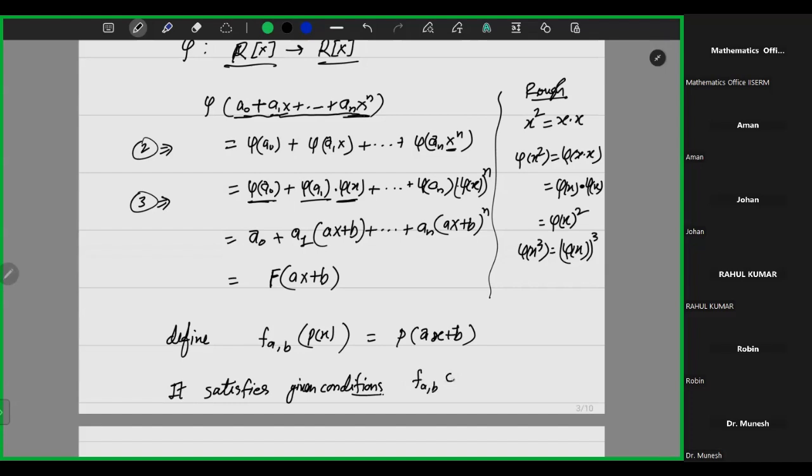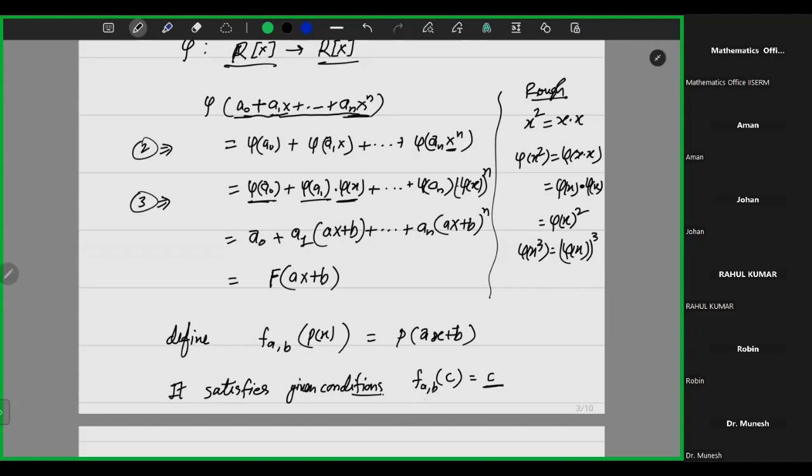F_AB of c will be the constant polynomial c evaluated. Because there is no x, we don't replace x by ax plus b, so it is again c only, so nothing to check.